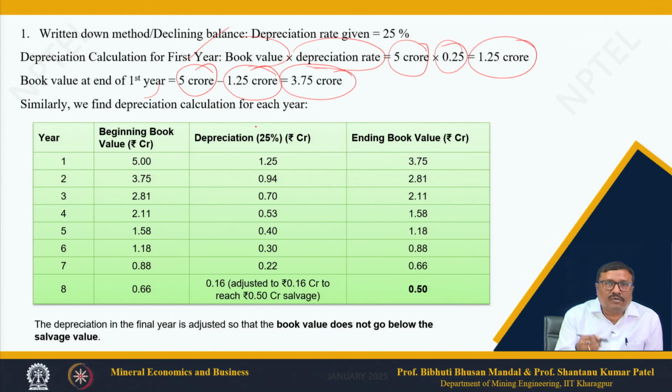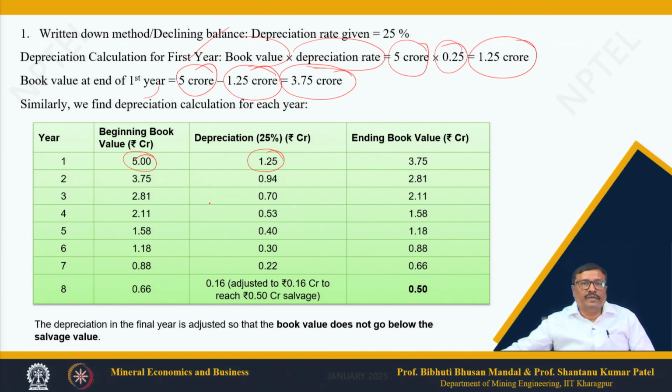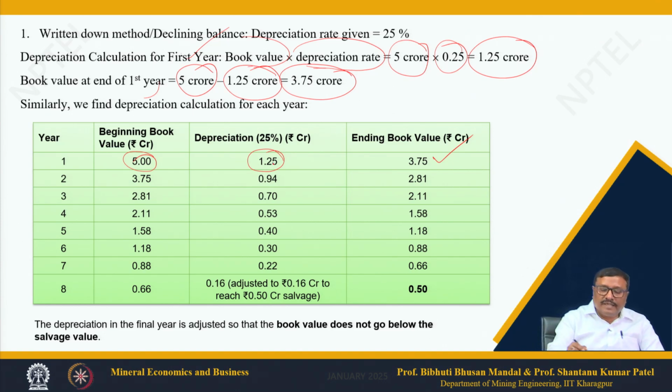Similarly, we can go on finding the depreciation calculation for each year. As I have shown, we started with 5 crore, then the depreciation was charged as 1.25, so the effective book value will be 3.75 crores, as we can see that 5 minus 1.25 is 3.75. In the next year, this 25% will be applied on the book value.